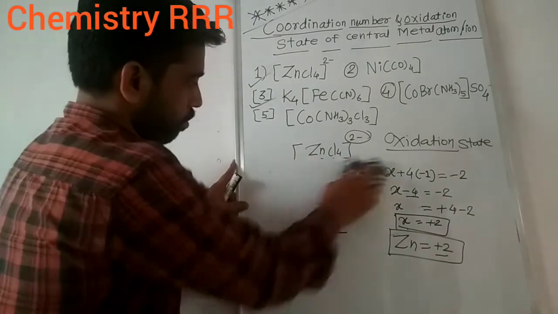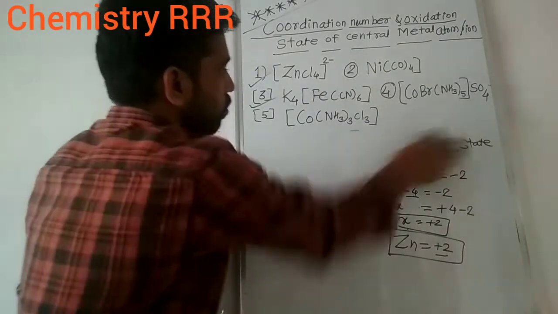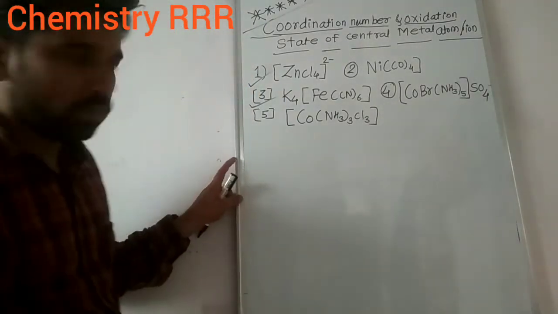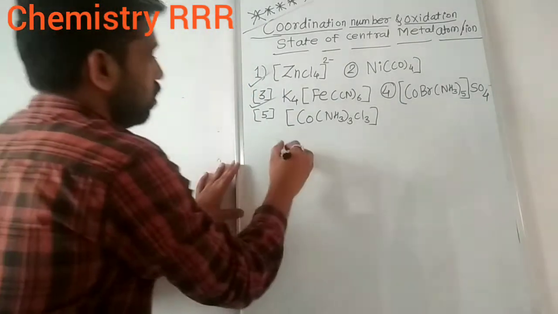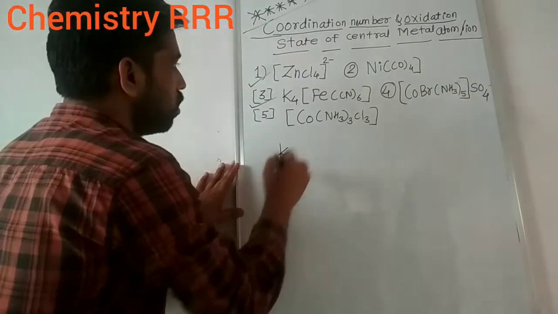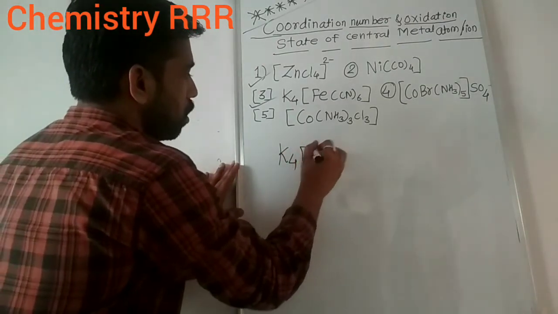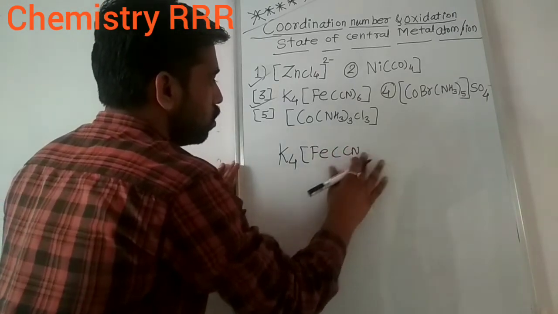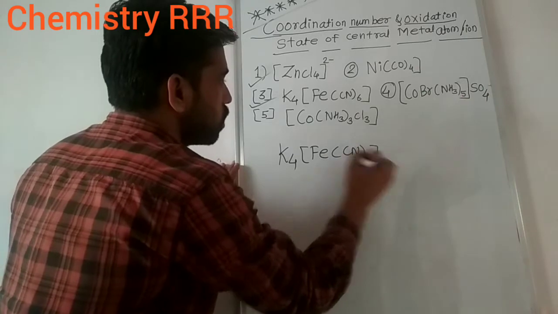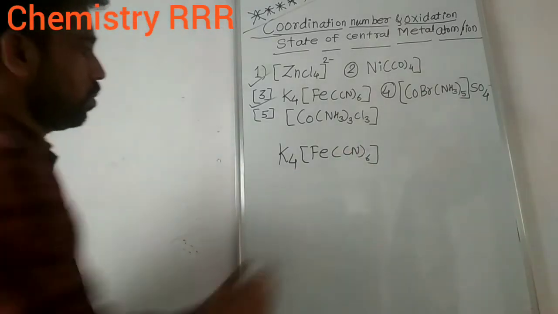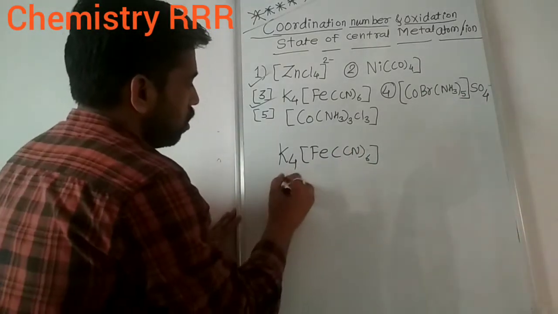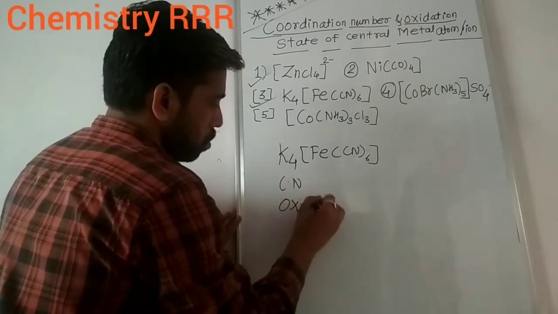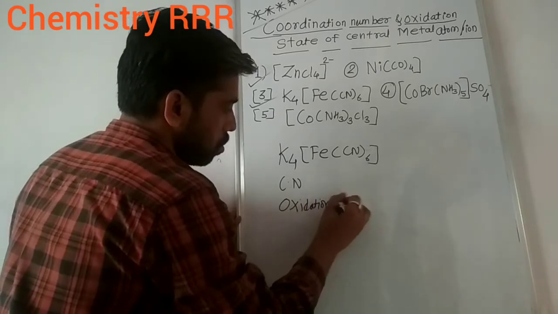Now let's solve the next example, example number 3. In example number 3, we have K4[Fe(CN)6], cyanide 6 times. How to find the coordination number and oxidation state for this complex?